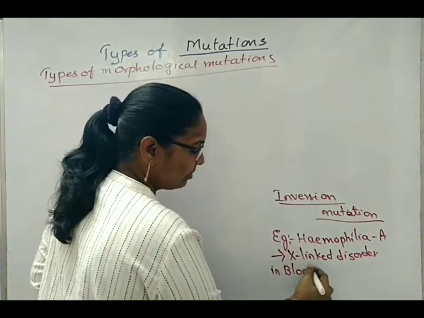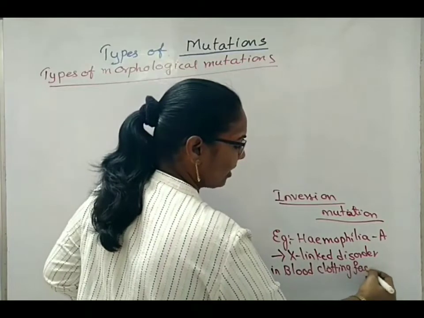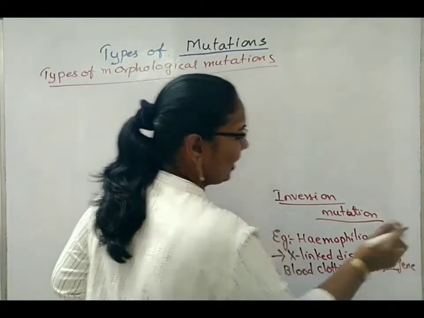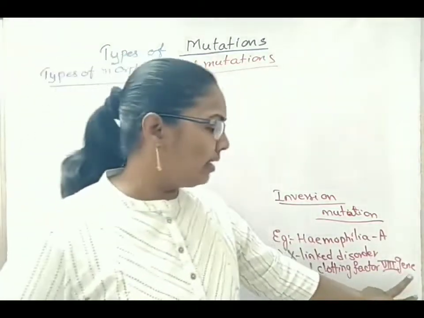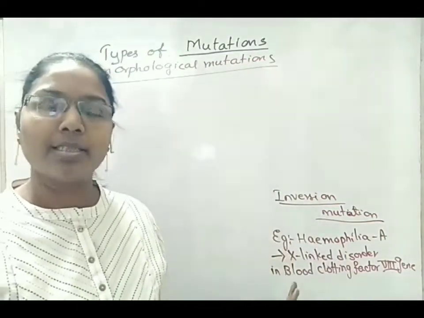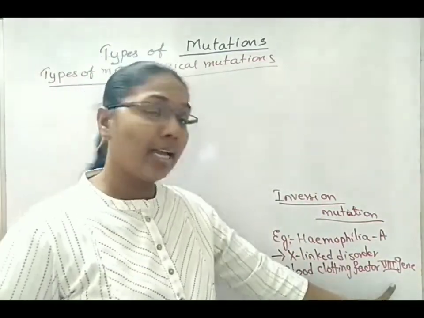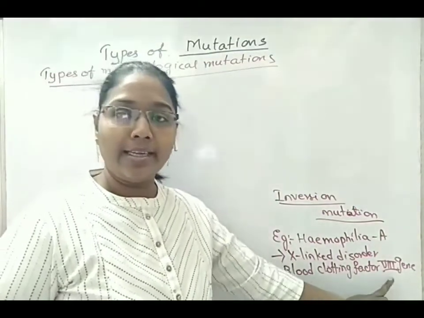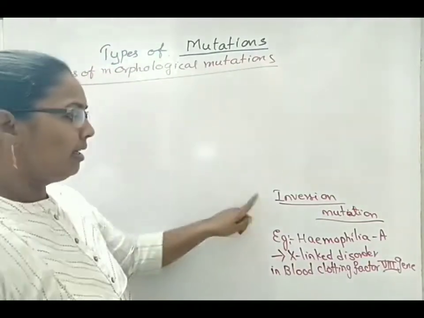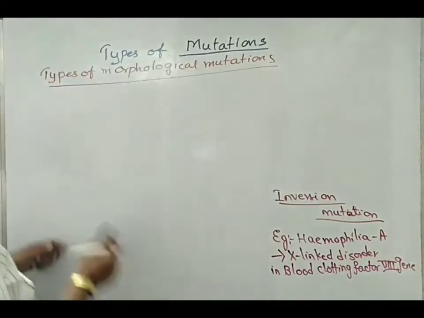If the blood clotting factor 8 gene has changed its location or locus in a chromosome, then it leads to hemophilia A. That gene has to be the blood clotting factor 8 protein coding gene. Then it causes hemophilia A. This one we can take as an example of inversion type of mutations.